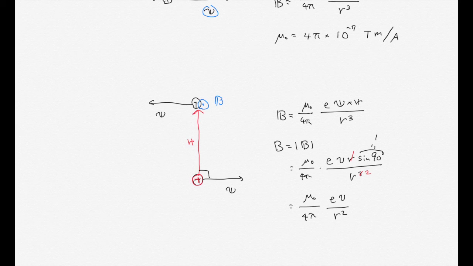The magnetic field is produced by the red proton on the black proton. Then the Lorentz force, the magnetic force, acts on the moving black proton.